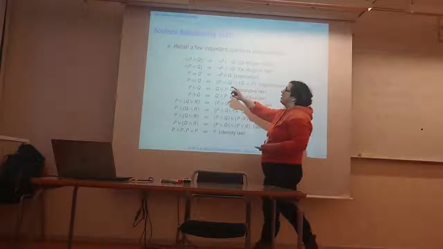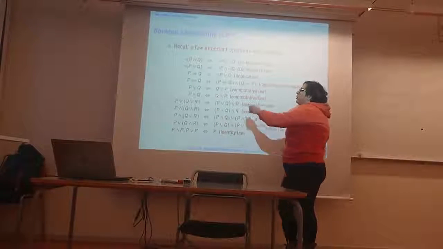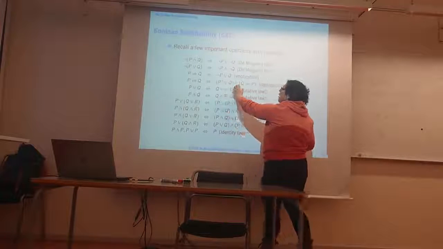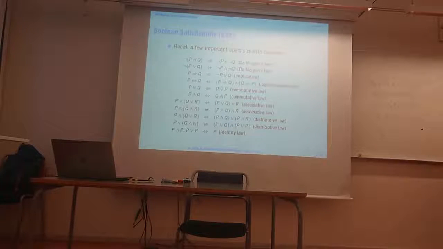From the logical equivalence, we know that P is equivalent to Q is P implies Q and Q implies P. Therefore, we can write this part as P1 implies Q and not R, and Q and not R implies P1.